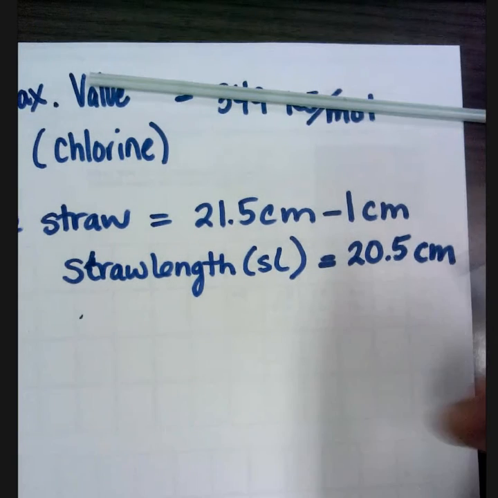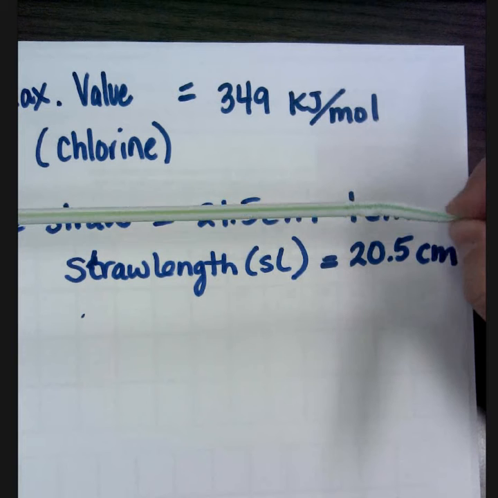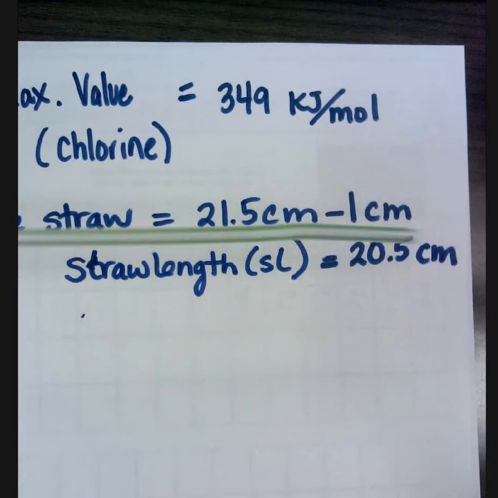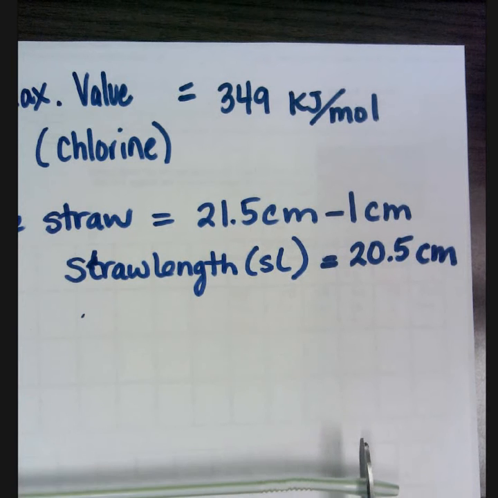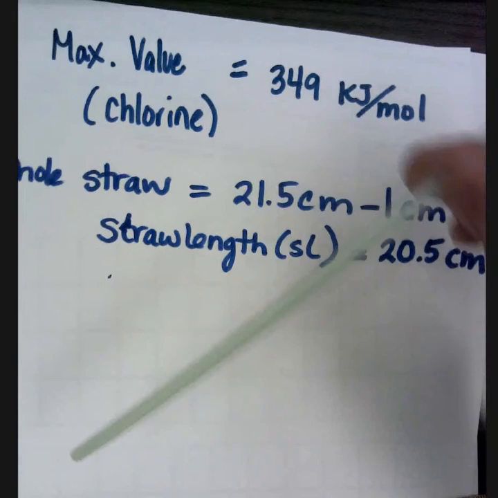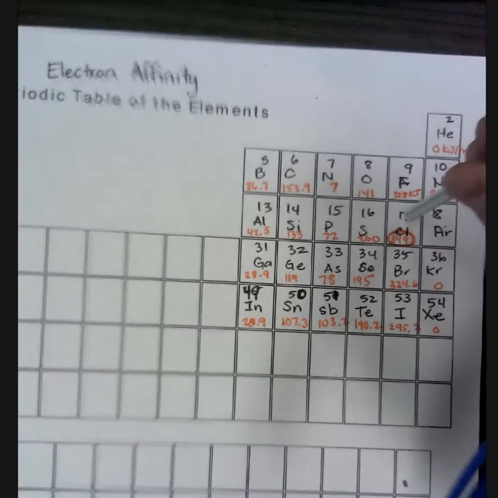So what I'm going to do now is measure this straw again and cut it to 20.5 centimeters. Once I do that, I take my straw and glue it to where it says chlorine.